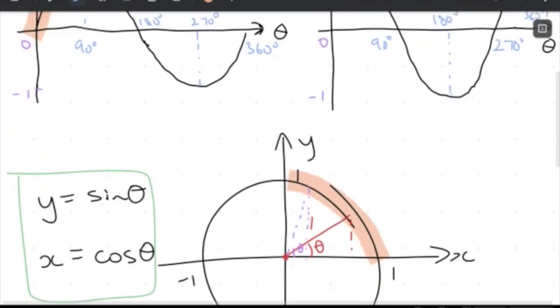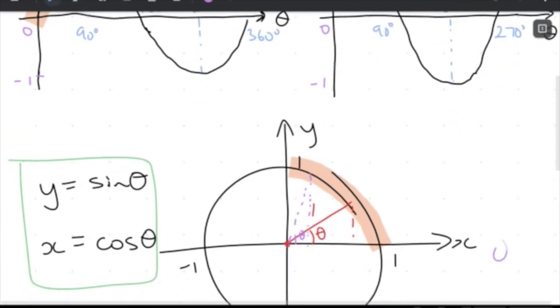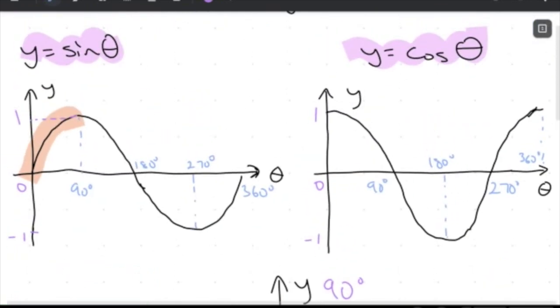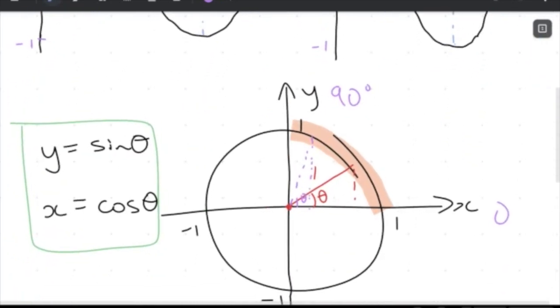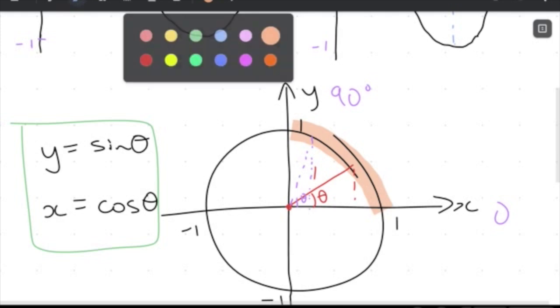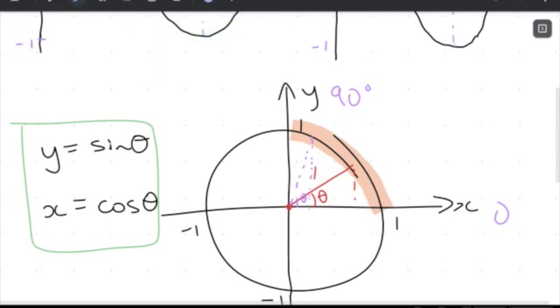So my first quadrant from 0 degrees to 90 degrees is mapped out in this graph, and it hits a maximum of 1. What happens after that? Well, in my second quadrant from 90 to 180 degrees, I start at 1 and my y component gets smaller until it reaches 0.